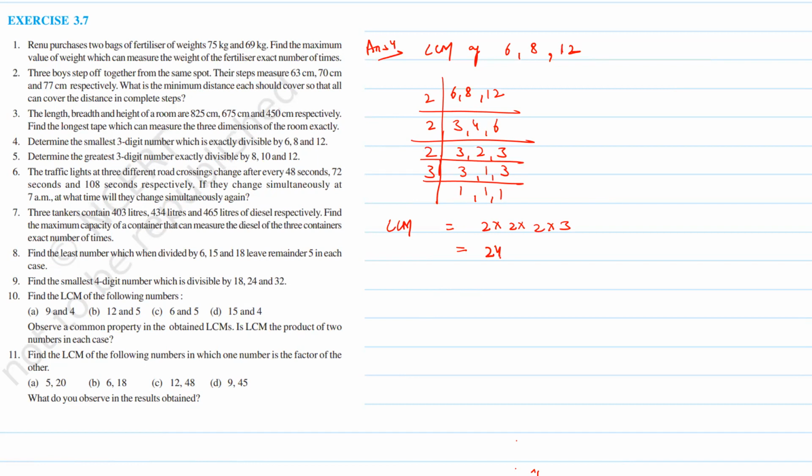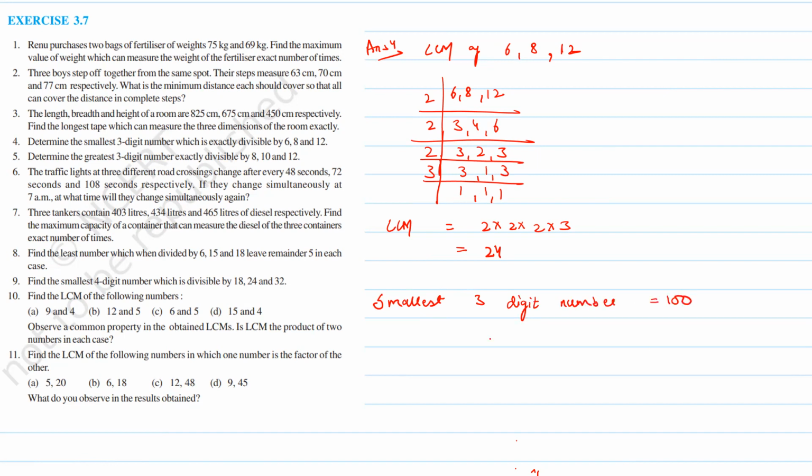Now what we have to do is find the smallest 3-digit number. The smallest 3-digit number is 100.